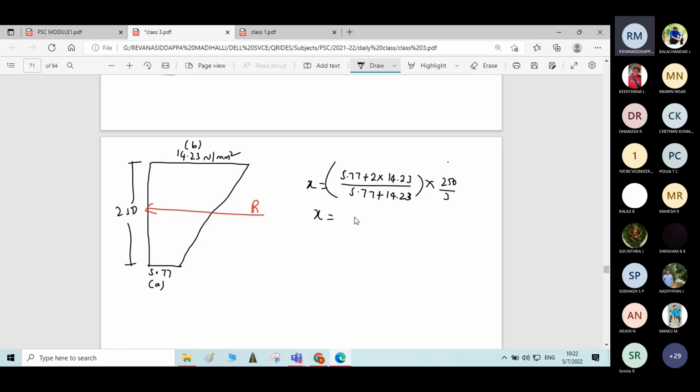So X, if you calculate, you will get 142.63 mm from the soffit. You can mention the value here in the figure, 142.63 mm.